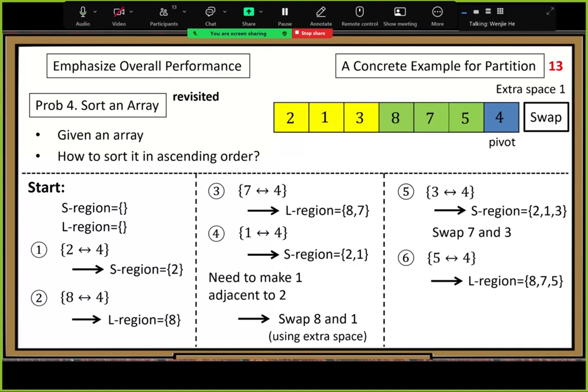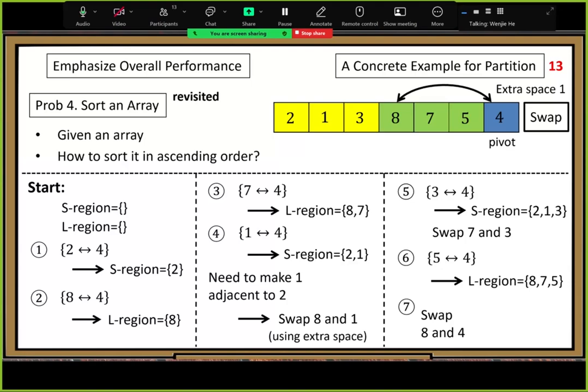We know the pivot element should be between the S region and the L region, as the boundary of those 2 regions. So the swap operation should be between the first element in the green region and the pivot element.